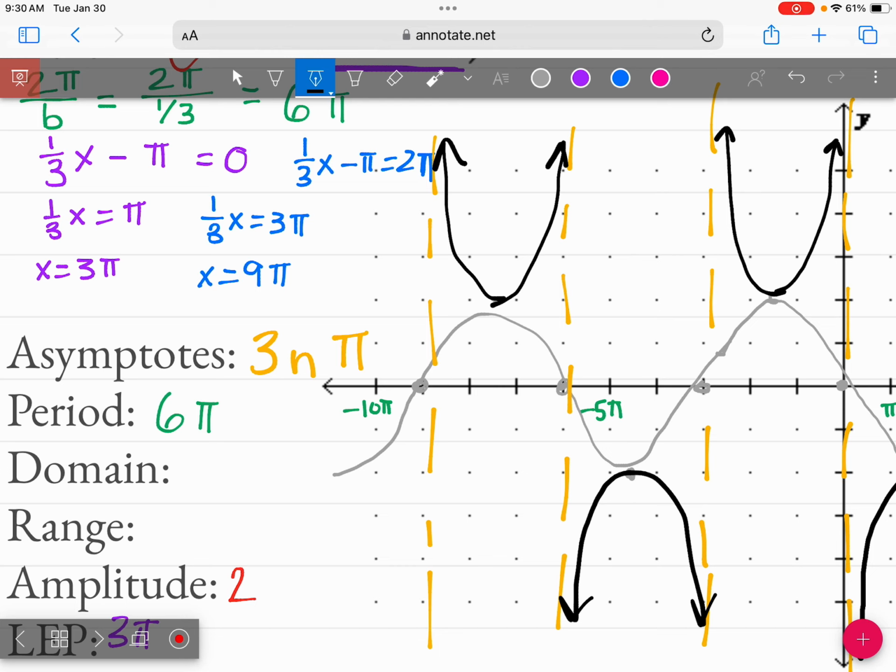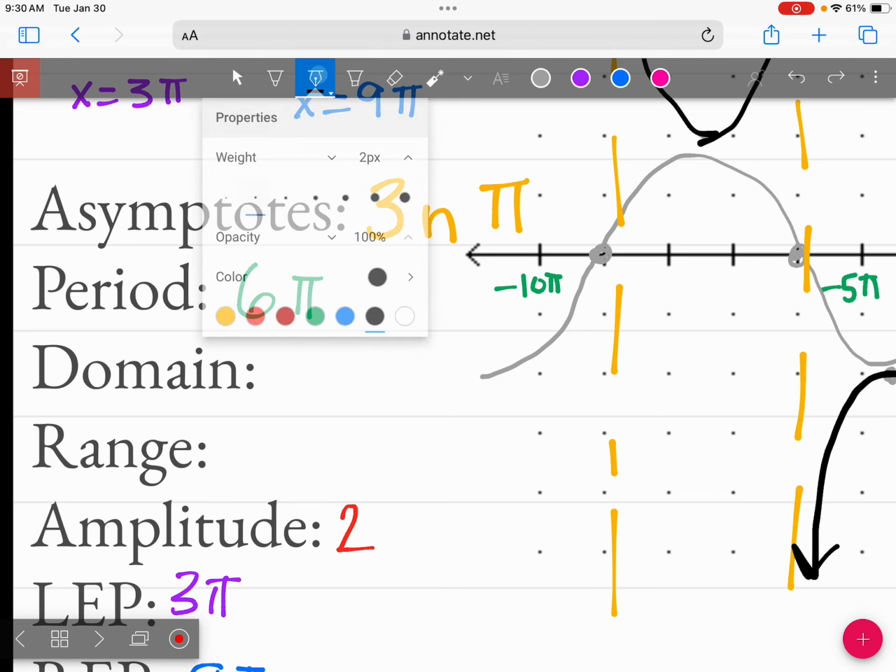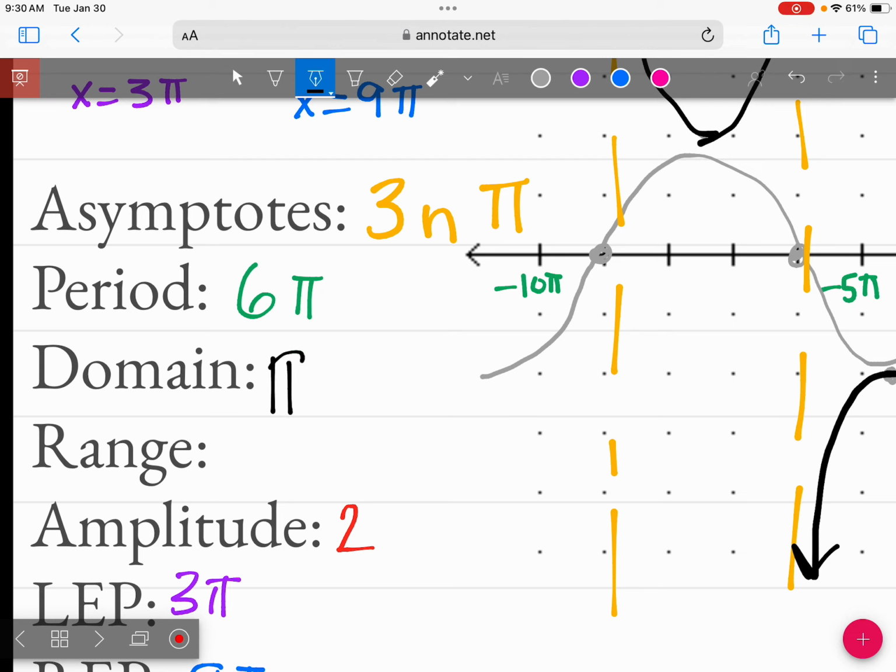Last piece on here is to write out our domain and range. What is our domain? Perfection. I'm just going to make my pen a little skinnier because it's really thick. So it's all real numbers, except x cannot be any multiple of 3 pi.